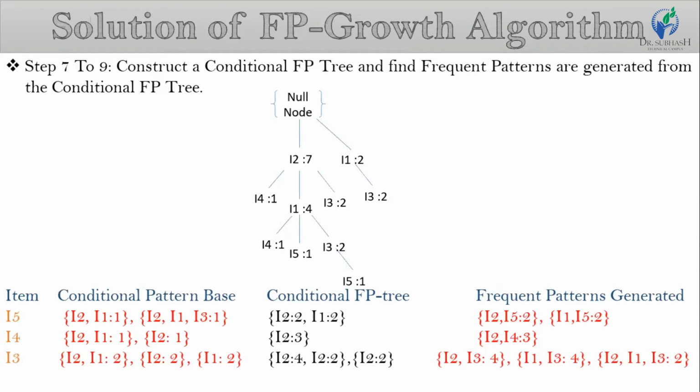Its conditional FP tree has three branches: I2 and their count is 4, then I1 their count is 2 and I1 their count is 2, as shown in the figure, which generates the set of patterns I2, I3 and their count is 4, I1, I3 their count is 4, and I2, I1, I3 their count is 2.